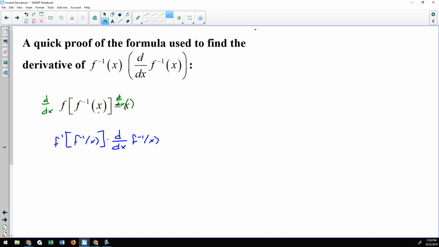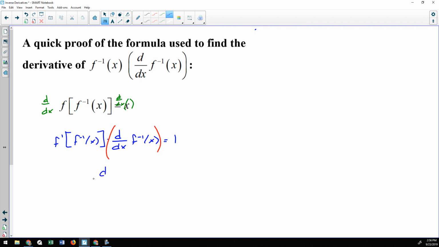That's just a chain rule. F prime of the inside times the derivative of the inside equals, and then on the right side, the derivative of x with respect to x is 1. And then we're trying to isolate this part, the derivative of f inverse, and we'll do that simply by dividing by this stuff over there.